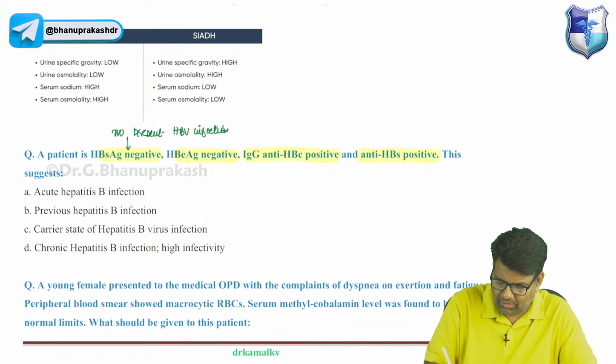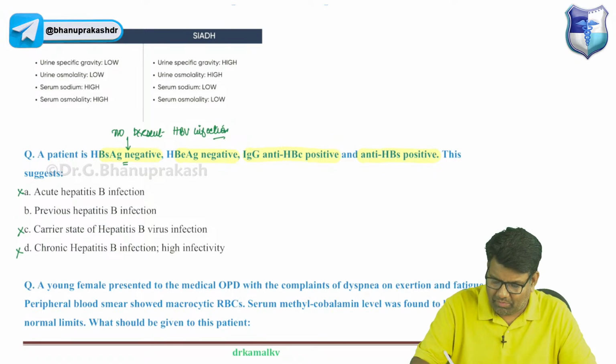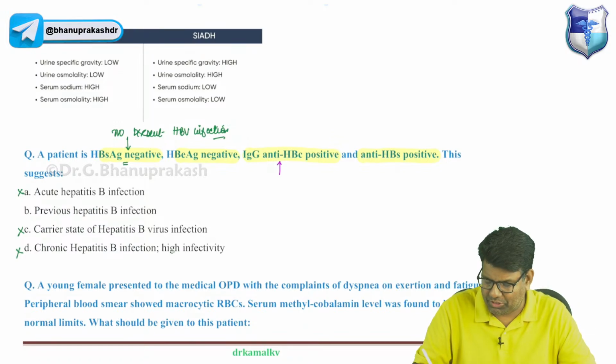So the patient does not have a current infection: neither is there a carrier state, nor chronic hepatitis, nor acute hepatitis B infection. These three things you can rule out just by taking this fact into notice. But you can see here that there is IgG anti-HBc positive. It means there is past infection, and anti-HBs is an indicator of immunity to HBV infection.